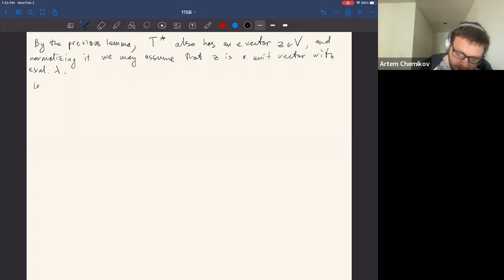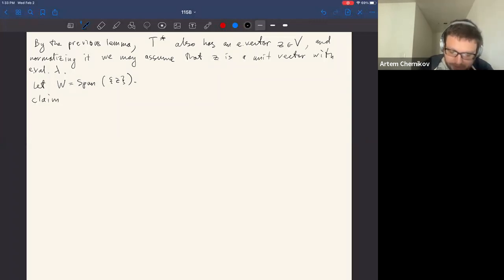Okay. And now let's take W to be the span of this vector, so the span of Z. As usual, the span of any subset is a subspace.